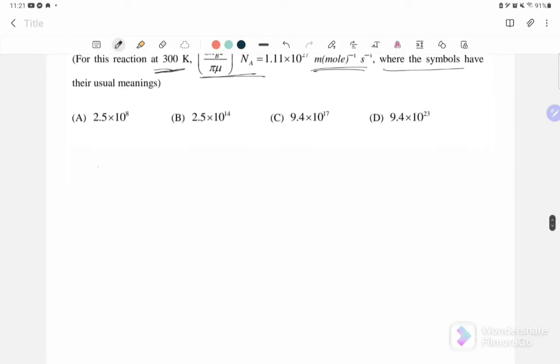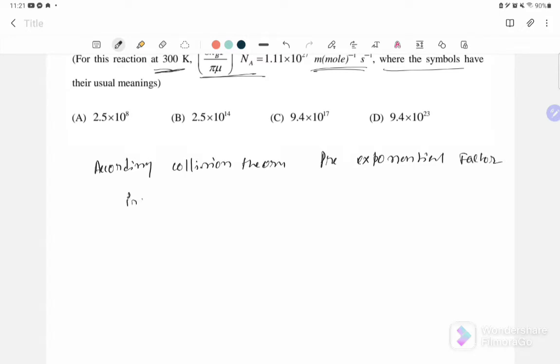According to collision theory, the pre-exponential factor A equals (8kT by pi mu) to the half, times N_A pi d square.